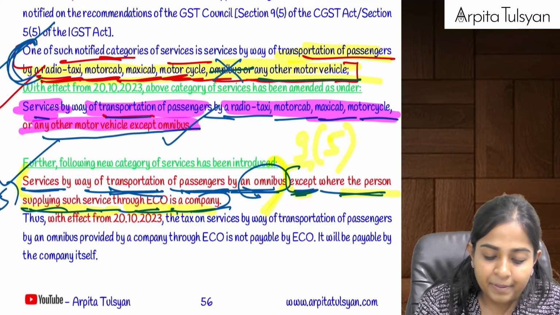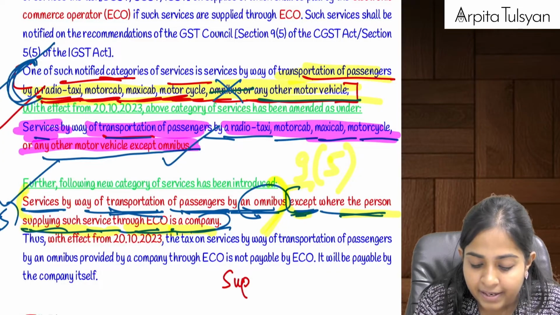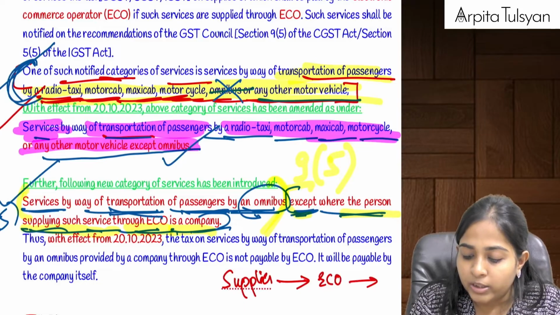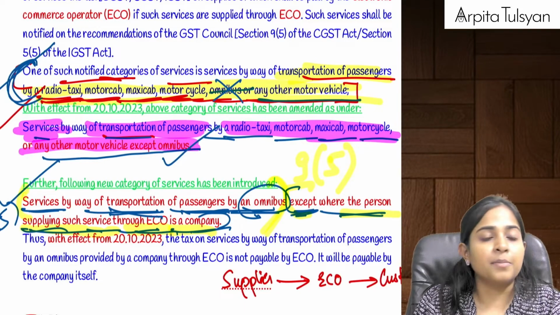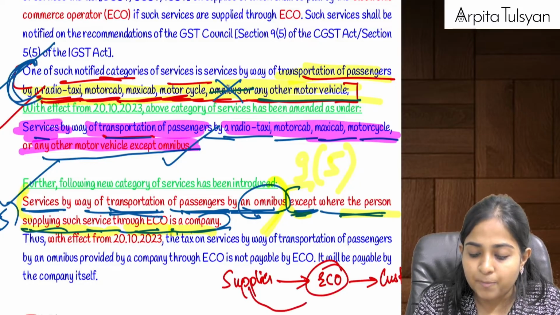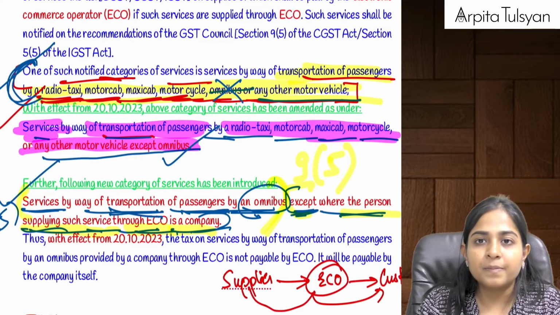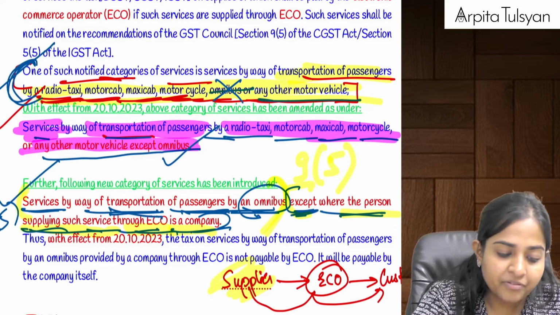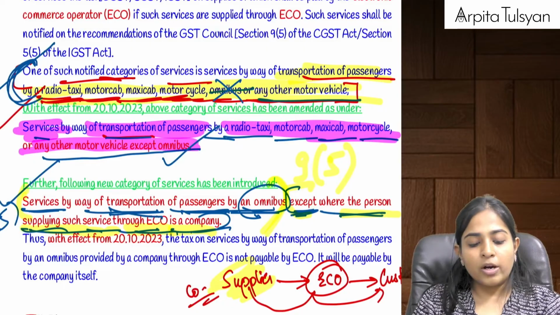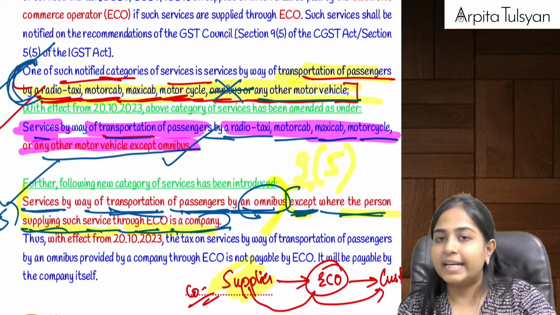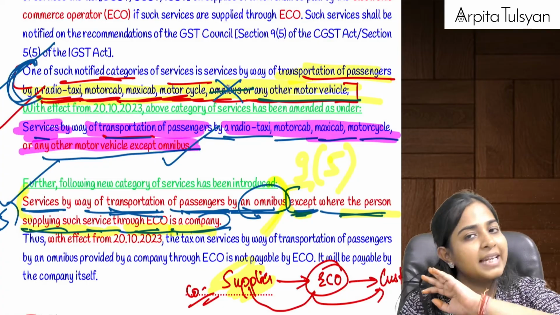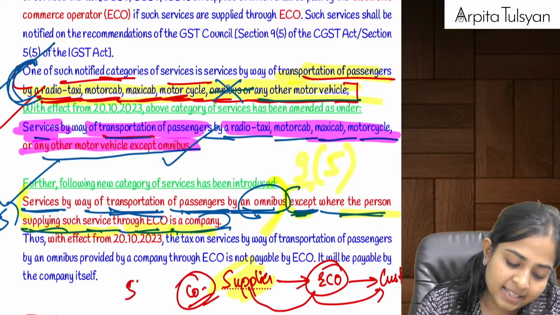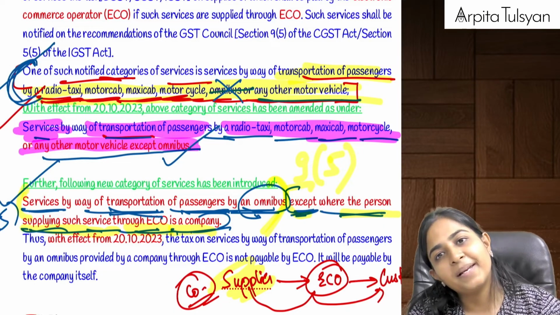For example, say there is a supplier supplying transportation of passengers through omnibus to customers through an e-commerce operator. It is a notified service. But if this supplier is a company, then it is not a notified service. Can we say 9.5 is not applicable to this person? If 9.5 is not applicable, then can we say in such a case section number 52 will become applicable?